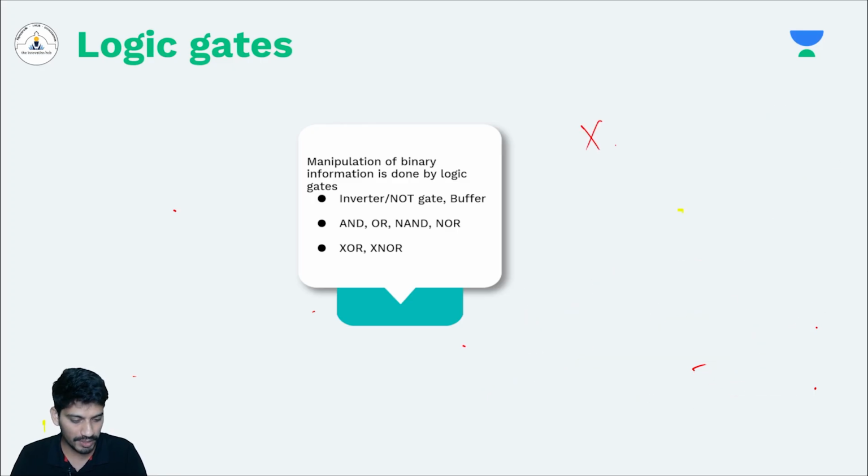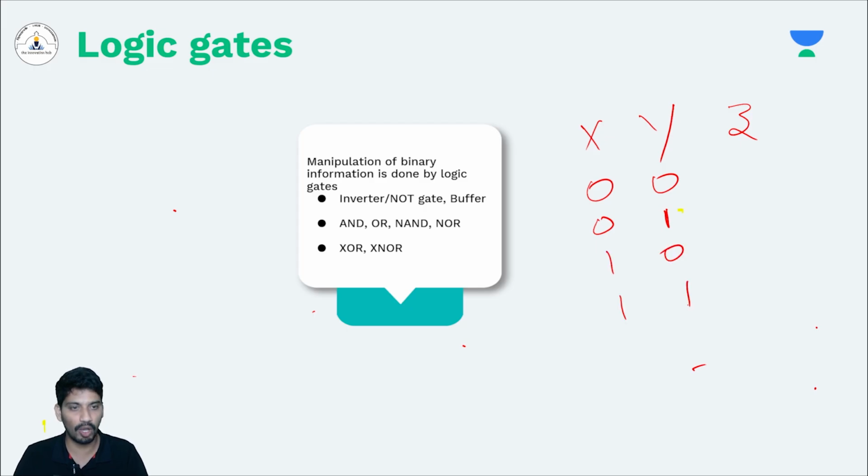Let's take two inputs X and Y and the output is Z. There are four possible combinations if you have two inputs. And if you want an AND gate, the output is A dot B. So 0.0 is 0, 0.1 is again 0, 1.0 is again 0, 1.1 is 1.